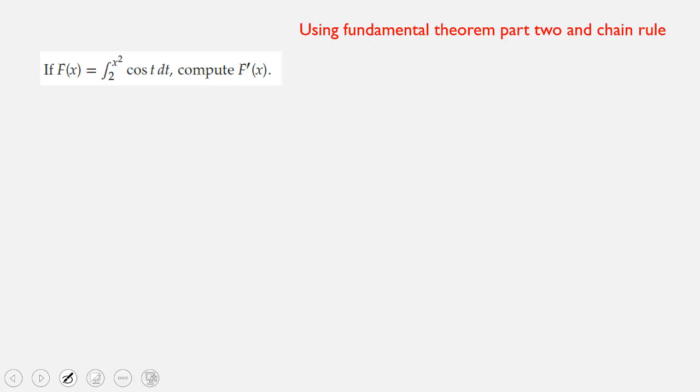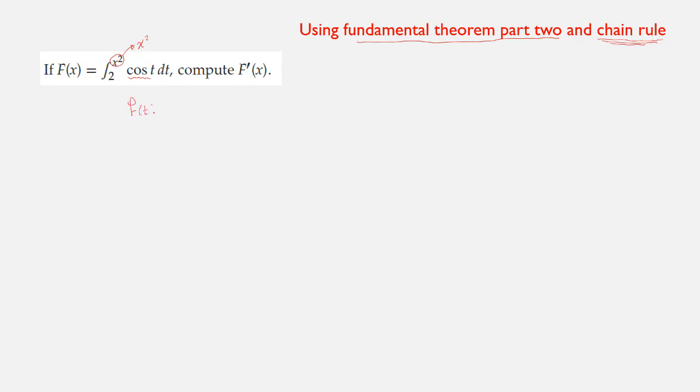Next, use the fundamental theorem part 2 and the chain rule. Here we need the chain rule because of the upper limit. The upper limit becomes x squared, not x. We have capital F of x equal to the integral from 2 to x squared of cosine t dt. Compute F dash of x.